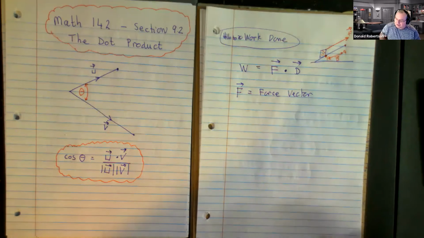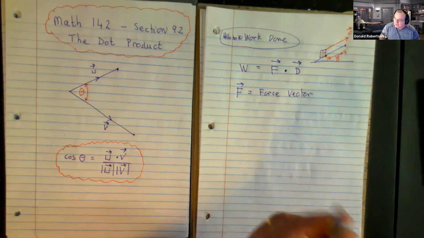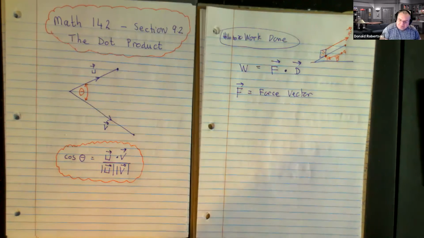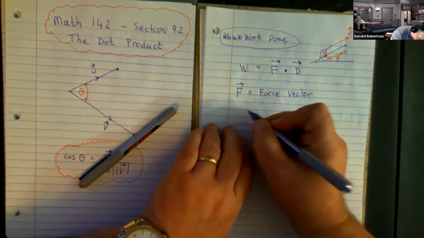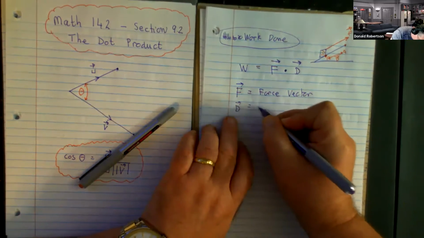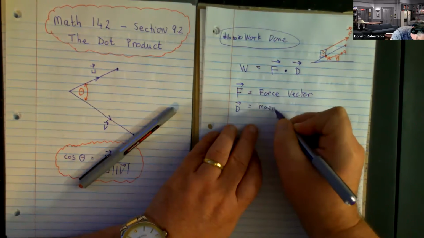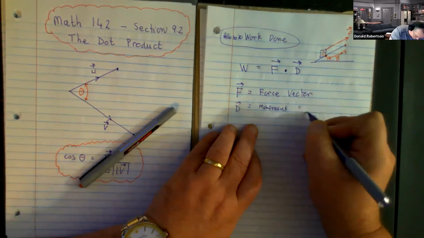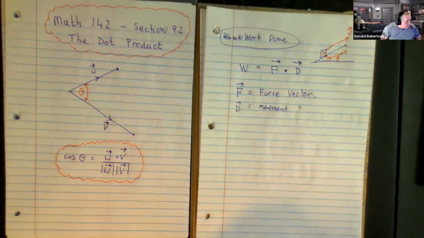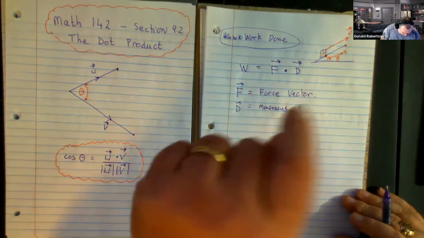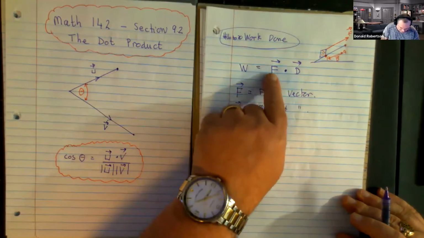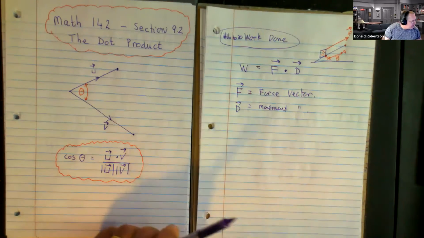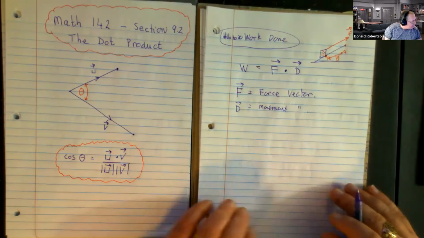Have you ever noticed that lifting heavy things is easier to keep them horizontal than it is to move them uphill? Right, the work done is different. And so D is the movement vector. Now, as long as they tell you who these two guys are, don't you just find the dot product and that's essentially your work done.